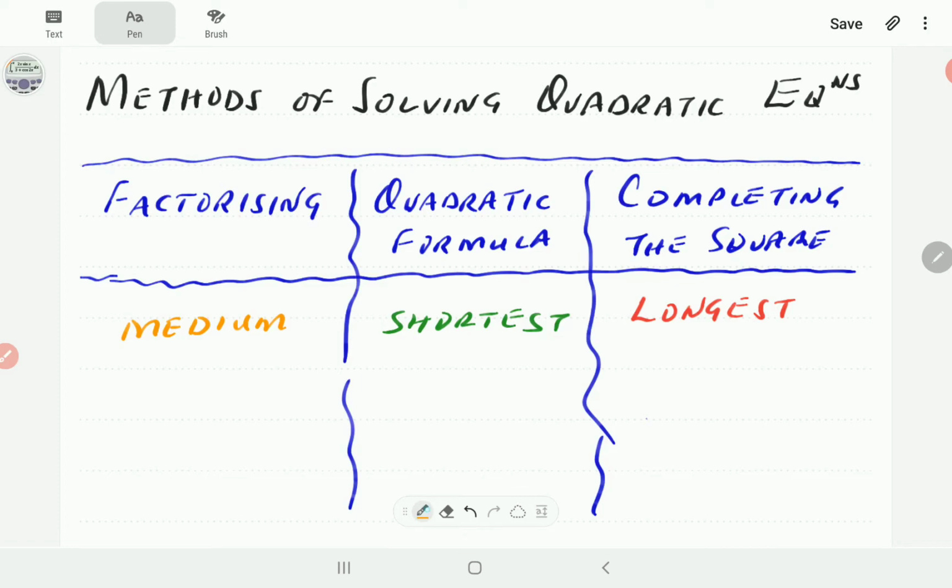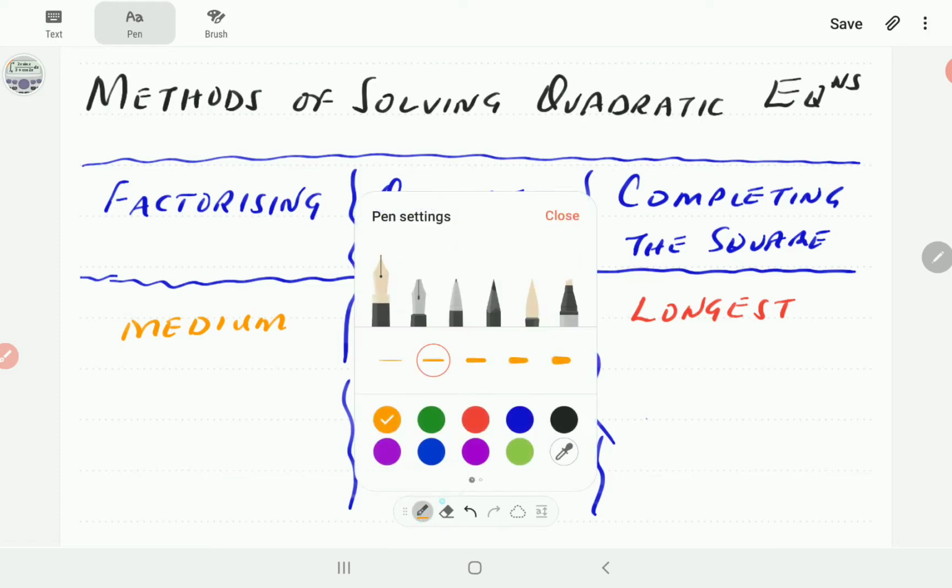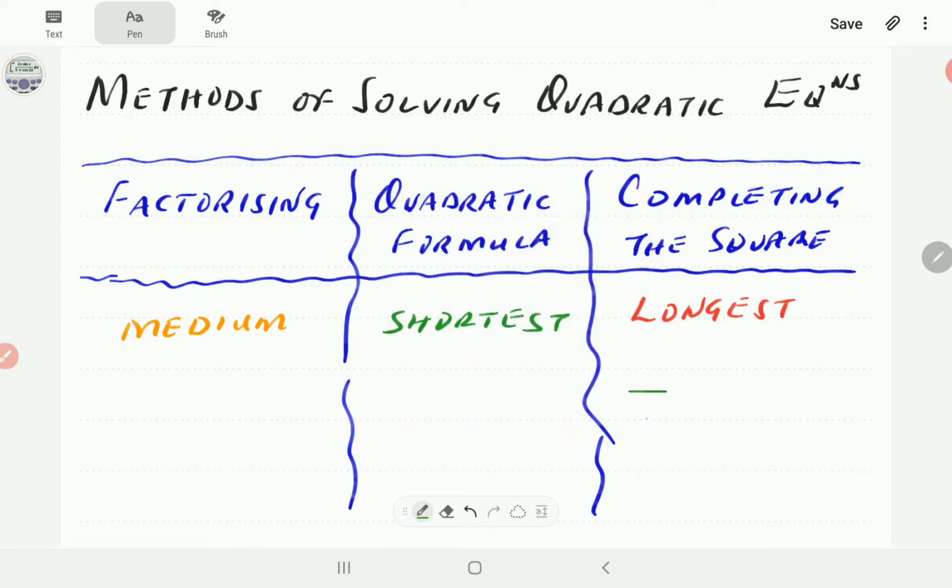And then in terms of applicability, the method of completing the square is going to work always. So this works all the time. So long as there is a solution, this method will find it.